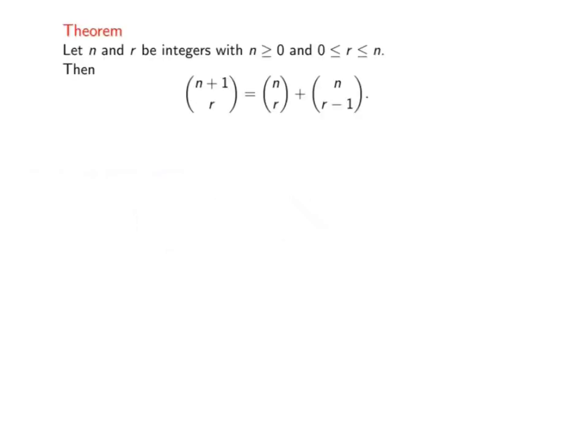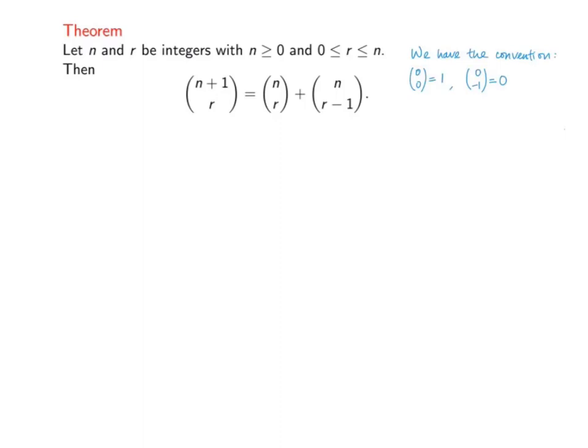Next, we would like to discuss another theorem. Let n and r be integers with n greater than or equal to 0 and r greater than or equal to 0 and less than or equal to n. Then the binomial coefficient n plus 1 choose r equals the sum of n choose r and n choose r minus 1.